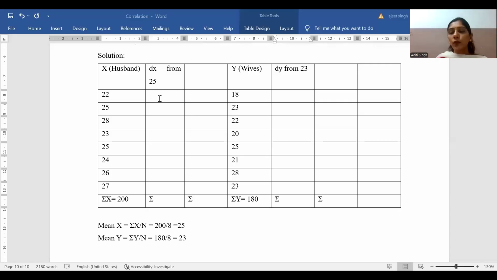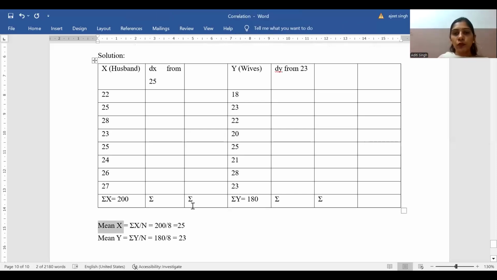The formula of calculating dx is x minus x bar, where x bar means the value of mean, and dy is y minus y bar.